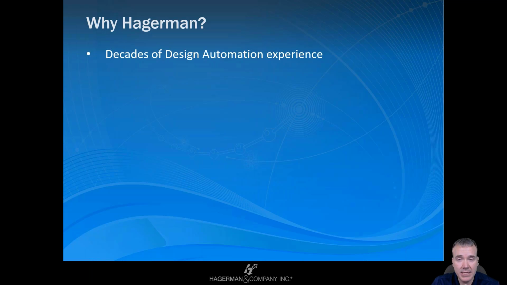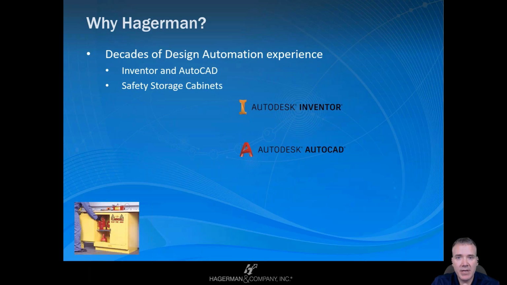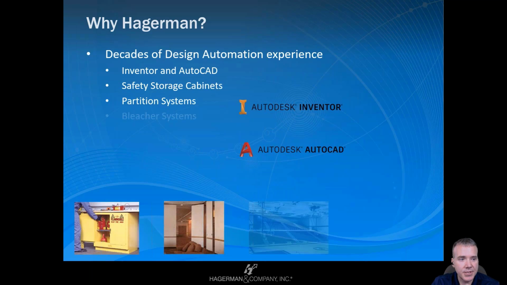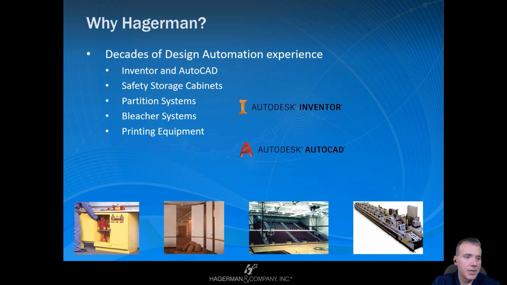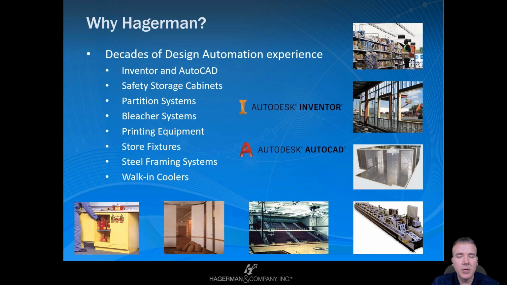All right. Well, we have literally decades of experience on staff. We've automated both Inventor and AutoCAD many times, doing things like safety storage cabinets, partition systems, bleacher systems, printing equipment, store fixtures, steel framing systems, walk-in coolers, a broad range of things that you might think would be pretty complicated.